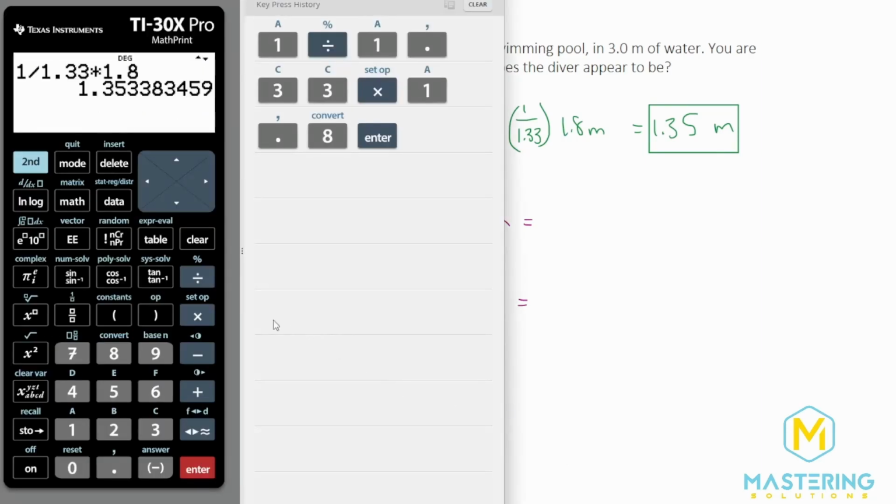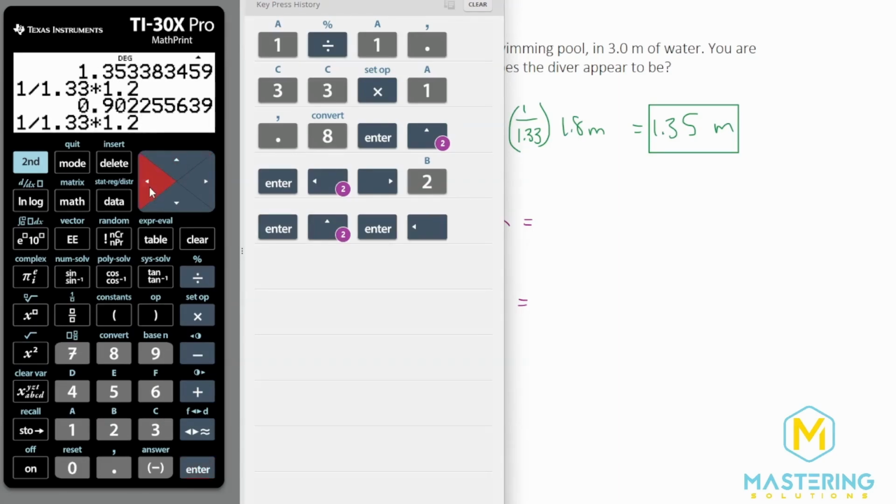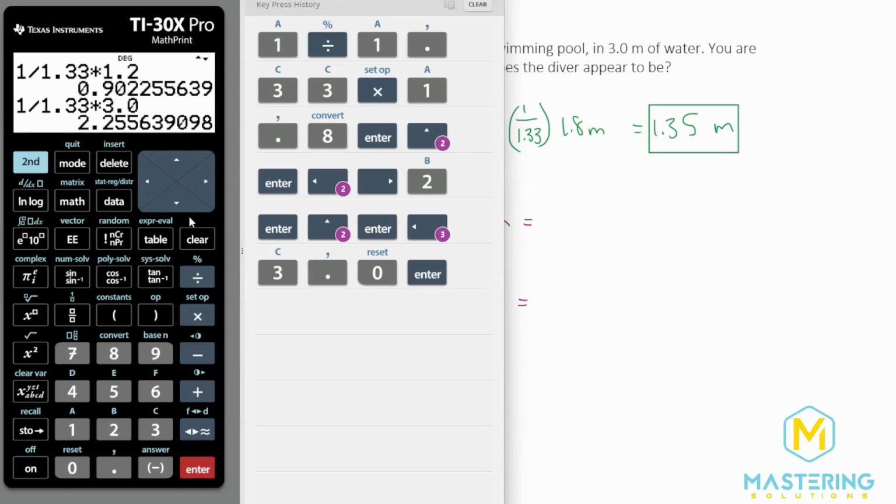Now I'm going to show you these two at the same time. First, let's do the 1.2 meters for the image distance of the head. And now let's change this and do the image distance for their feet. Now what we have to do is take the difference between these two, and that gives us the height of the person in the water.